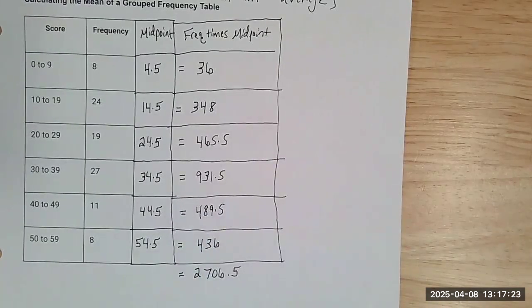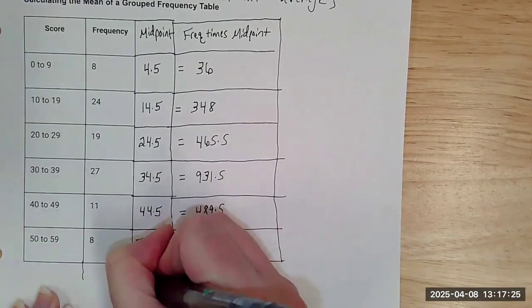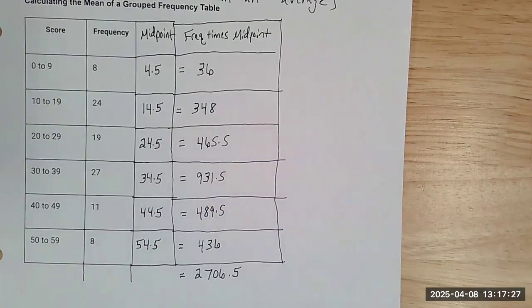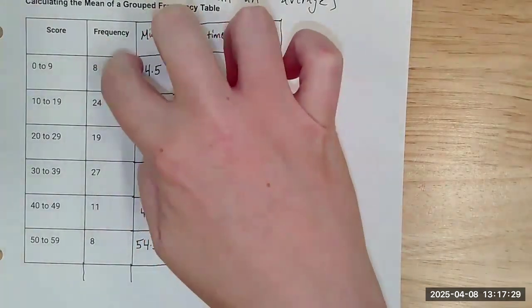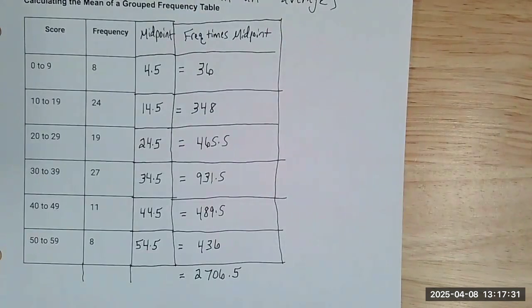But then the other thing I need to add up is the frequency. I need to get my total number of people. So I'm going to add up 8 plus 24 plus 19 plus 27 plus 11 plus 8. So my total number of people is 97.